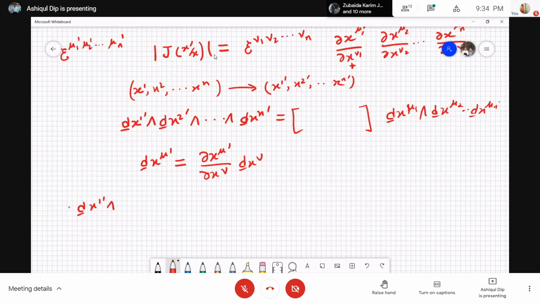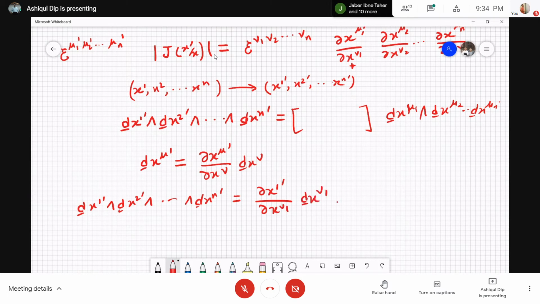That dx1 prime wedge dx2 prime wedge up to dxn prime equals, so we are writing the expansion of the first term, which is delta x1 prime by delta x nu 1 dx nu 1.